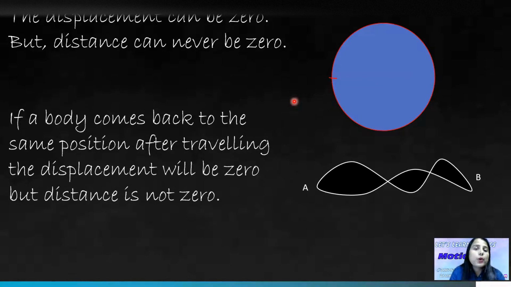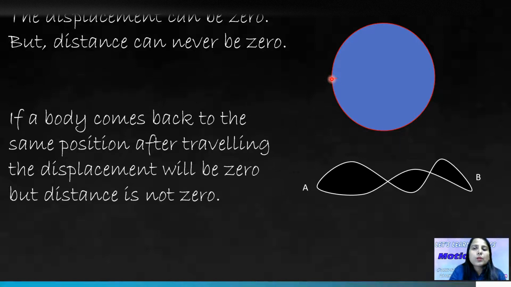Now, the next point to discuss is the displacement can be 0, but distance can never be 0. The best example that we can take is the path covered in a circular path. Now, if a path is circular, where will be the displacement?